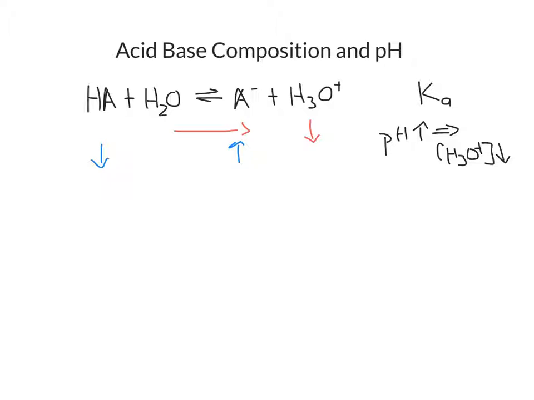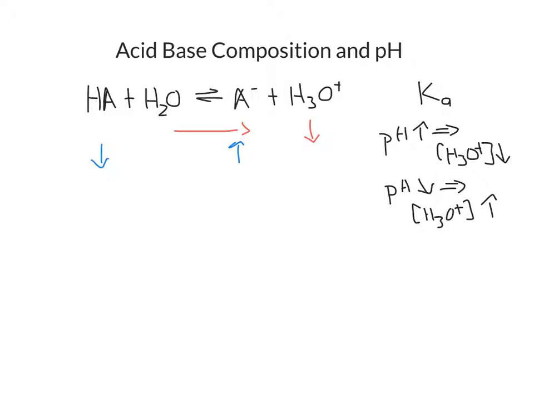And so if I increase the pH, or remove H3O+ from solution, I'm going to increase the amount of conjugate base and decrease the amount of conjugate acid. Conversely, if I decrease the pH, that would be the same as increasing the amount of H3O+ in solution.